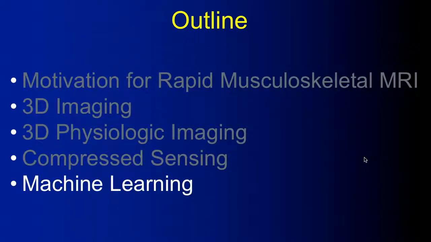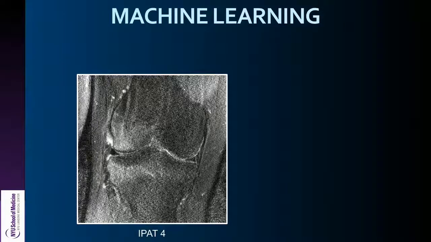Machine learning is taking over the ISMRM in some form this last year, and we'll see a lot of it this year as well. We held our first machine learning workshop down in Asilomar earlier this year. It has tremendous applications for many areas in MR imaging.